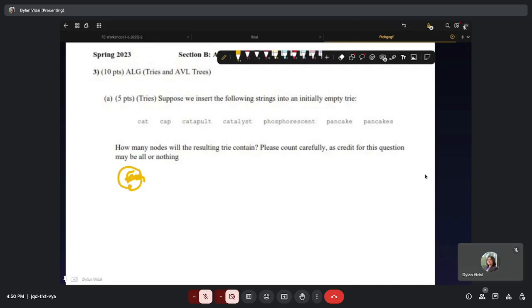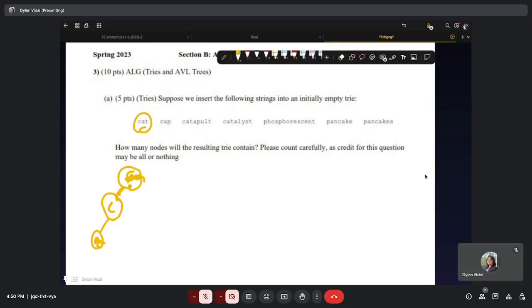So we start with the word cat. We make a new node C, then another one A. It's drawing before my pen hits the tablet, which is really annoying. Sorry.